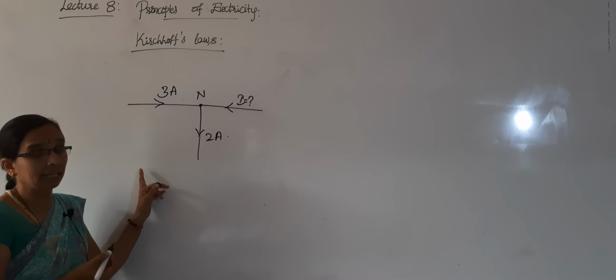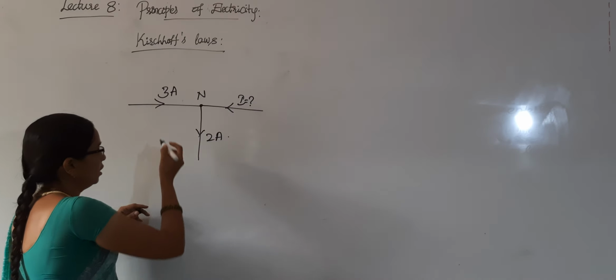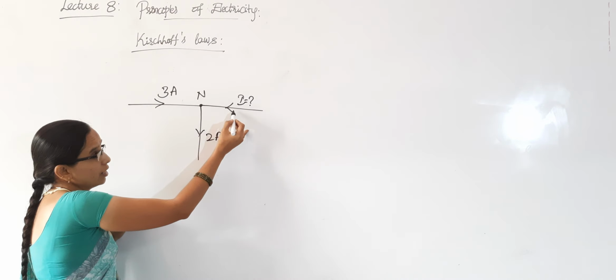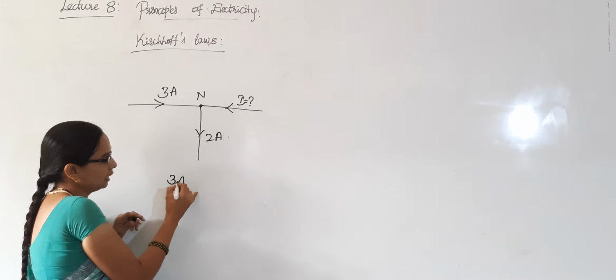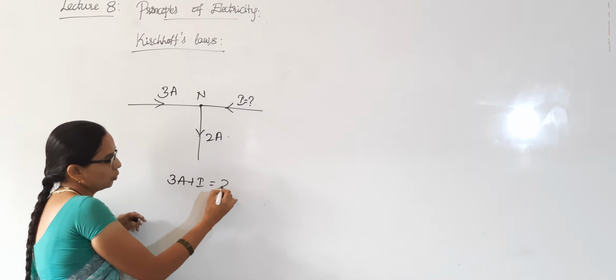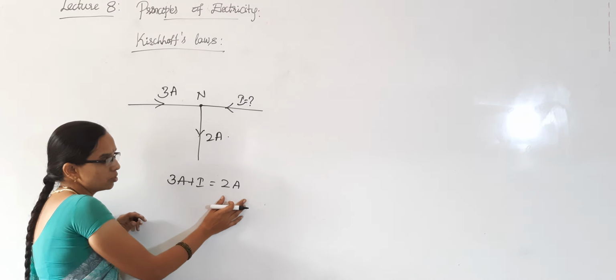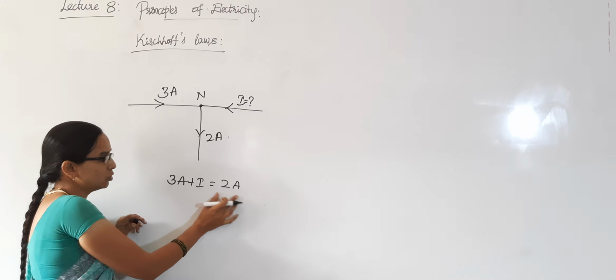Now if we apply Kirchhoff's current law for this, 3A is entering the node whereas 2A is leaving the node, and I is also entering the node. So 3A plus I is equal to 2A. The sum of the currents entering the node is equal to the sum of the currents leaving, and there is only one current leaving, 2 amperes.